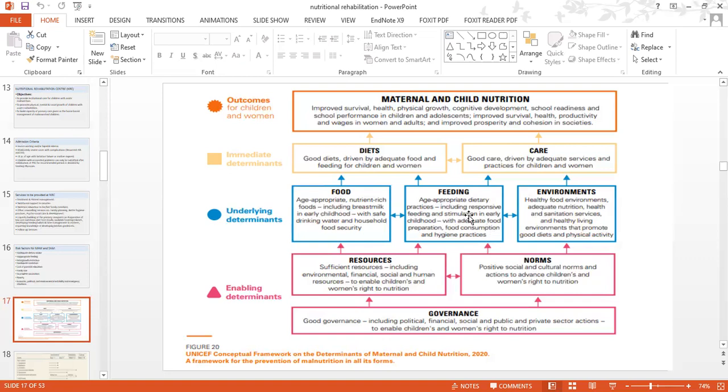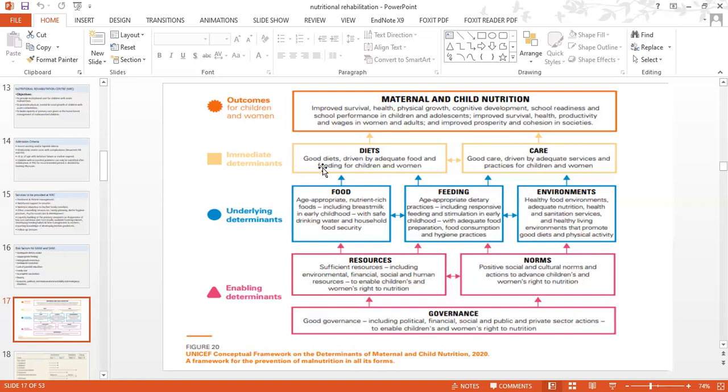The age-specific dietary practices, including responsive feeding and stimulation in early childhood with adequate food preparation and food consumption, and hygiene practices are important, which give the input to both diet and care, along with the important factor of environmental sanitation and adequate nutritional health and sanitation services in the environment.